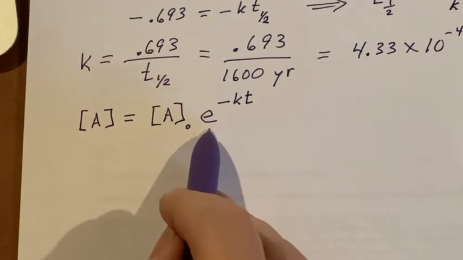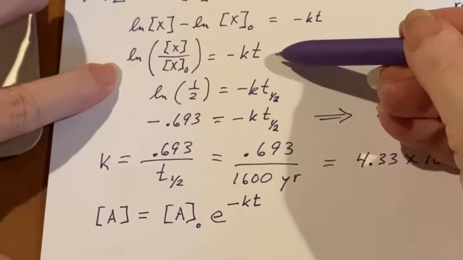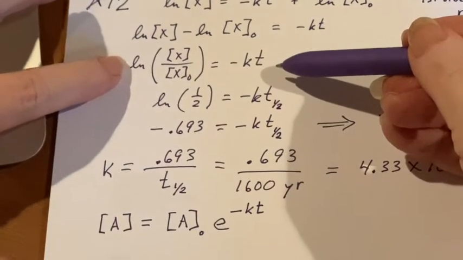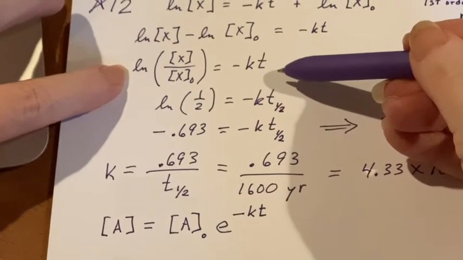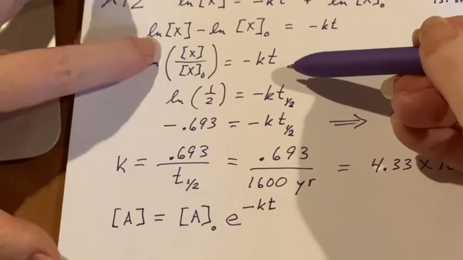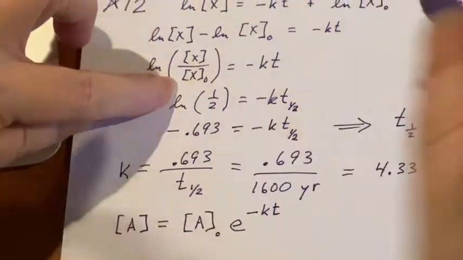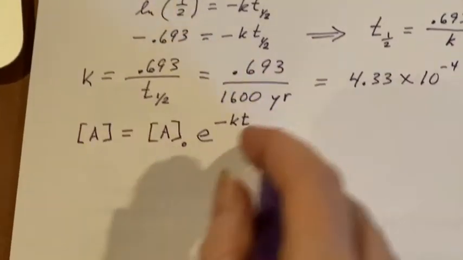This has e in it. What I did is say, I want to undo the logarithm. Well, the way to undo a logarithm is to use it as an exponent of e. When I do that, the e and the logarithm cancel, and I would get x over x0 equals e to the minus kt.